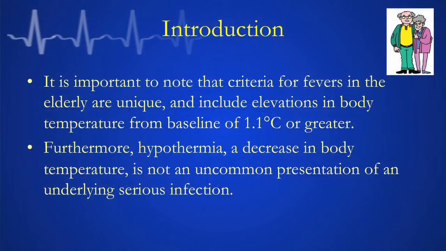don't take the risk yourself. It's important to note that criteria for fevers in the elderly are unique and include elevations in body temperature from a baseline of 1.1 degrees Celsius or greater. Furthermore, hypothermia, a decrease in body temperature, is not an uncommon presentation of an underlying serious infection. And I think that's important too because we use these silly temporal thermometers in the ER now, and I'm really not a fan of those.